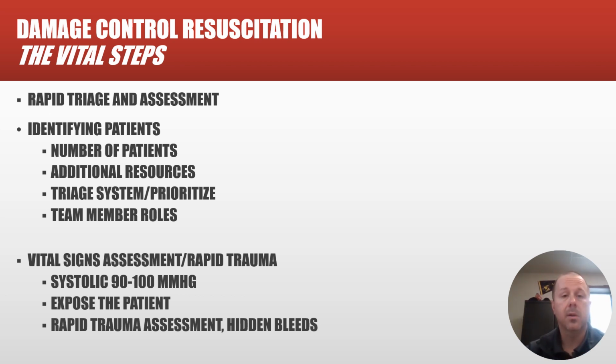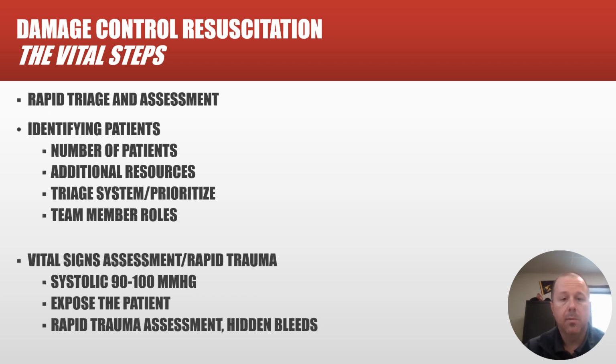However, you don't want to stay on scene to do those unless it's something that needs to be fixed right then and there. Example being a pneumothorax or just anything that is going to kill that patient and needs immediate intervention. So team member roles is key, and that's going to come in on scene with your command. It could be the fire department command, it could be medical command, but use what you have on scene.